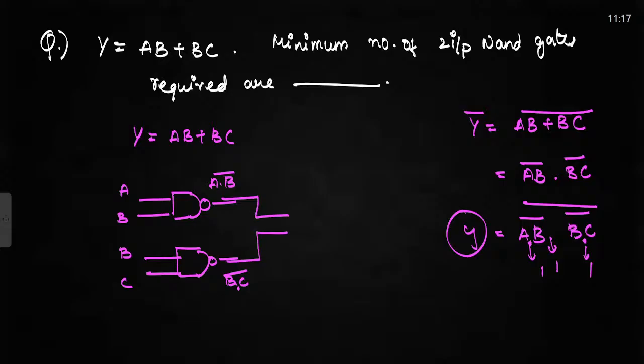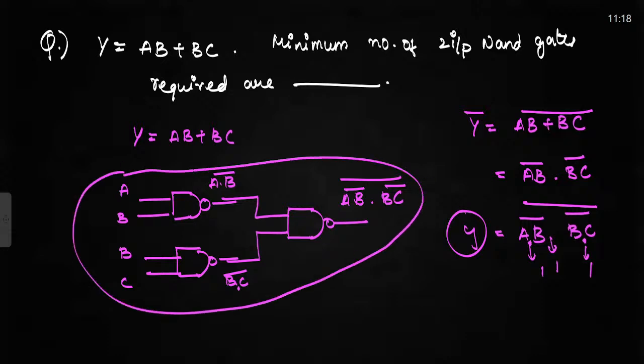So y is equal to this one. Then you will get AB bar and BC bar whole bar. So we are getting y here. This way you can simply do it. There is no need to do this one also. You can simply calculate here. You are requiring 3 NAND gates.